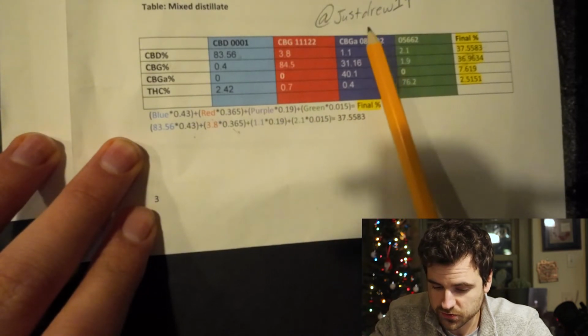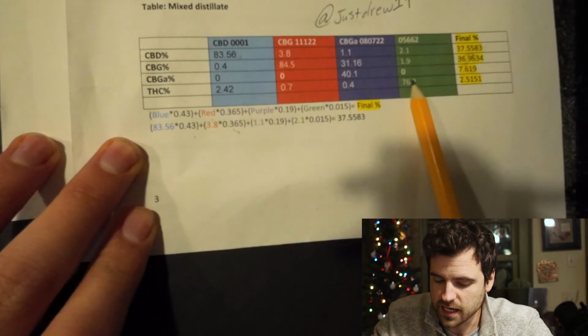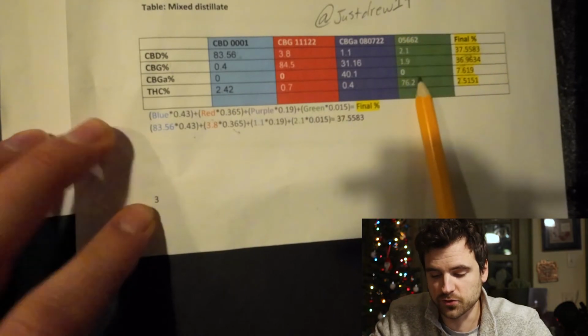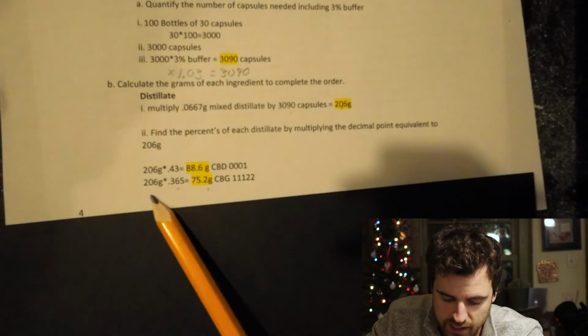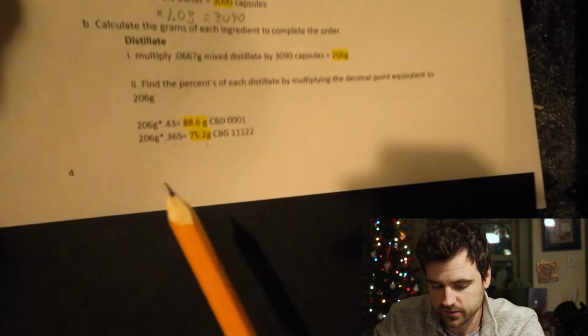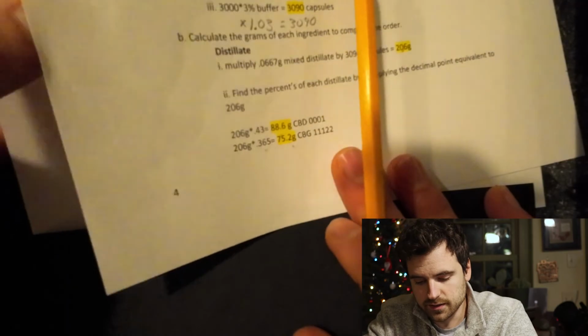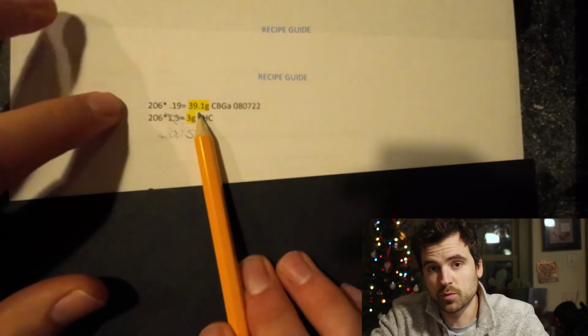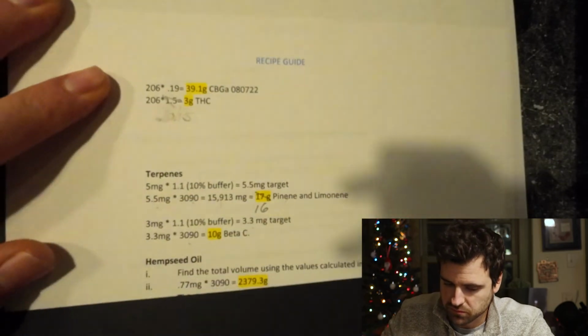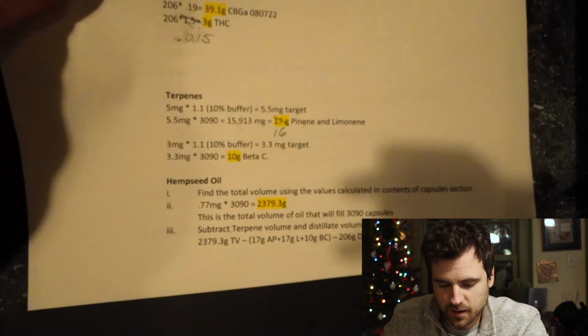It's 19% this ingredient and 1.5% this ingredient. So we're going to take all of those values and multiply it by 206 to give us these here. Okay, I hope it's making sense. If it isn't, ask questions away.